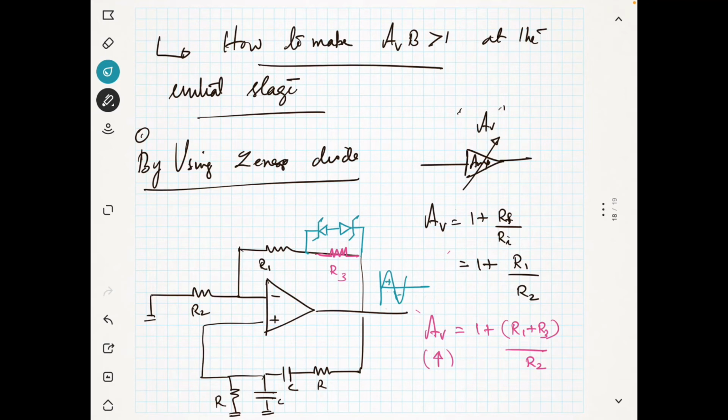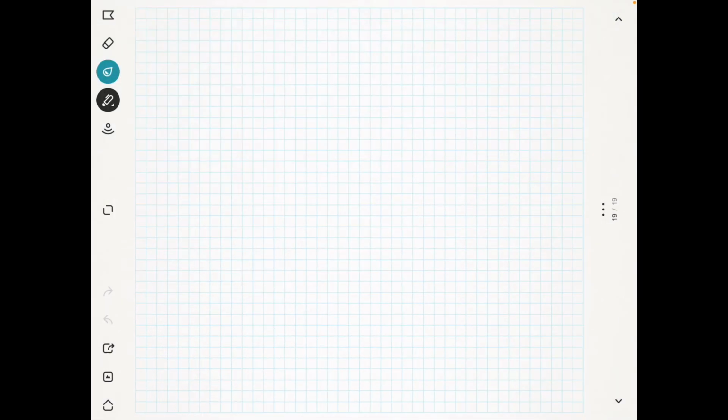Now what will happen? Suppose this is your VZ1 or VZ, and this also has the same VZ. Now suppose the output is positive, then we will see what is happening. This is the output, and this is plus and minus.